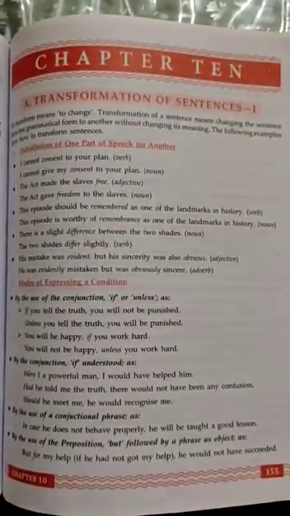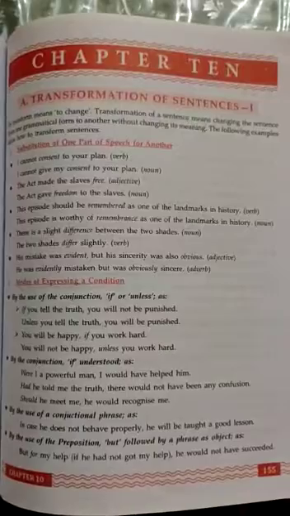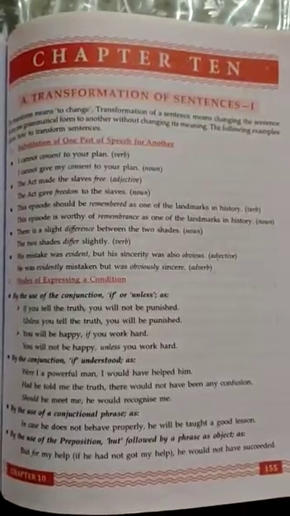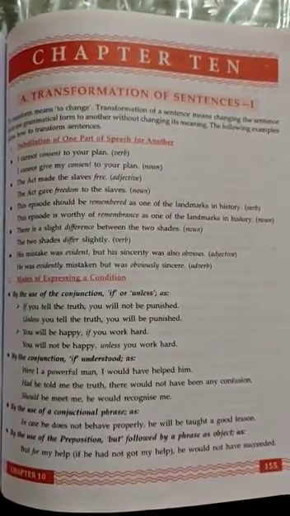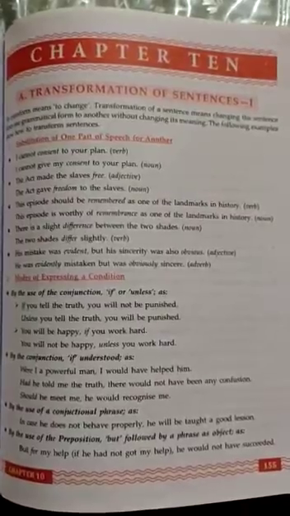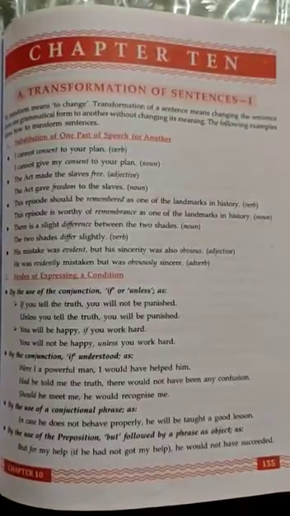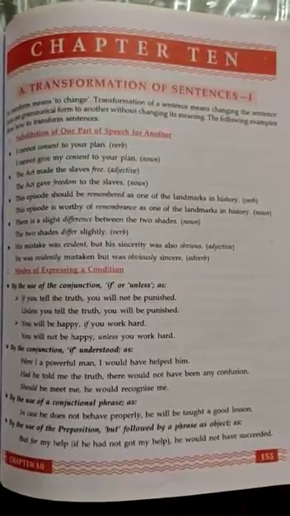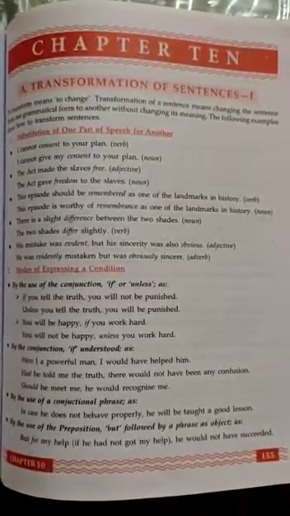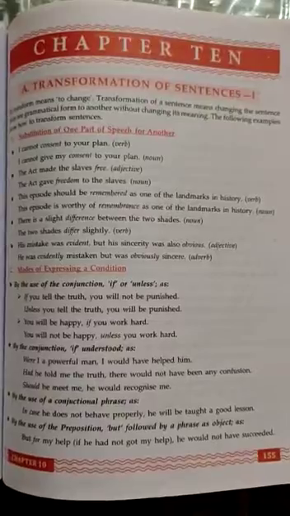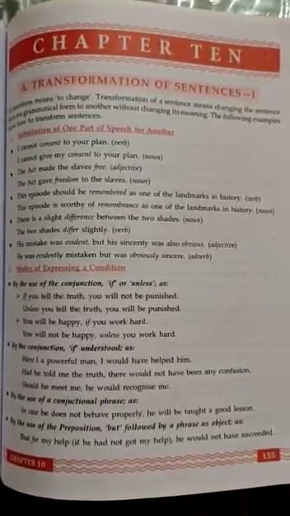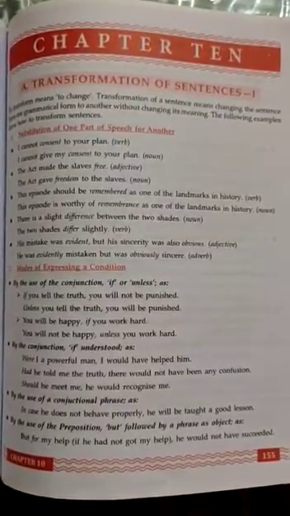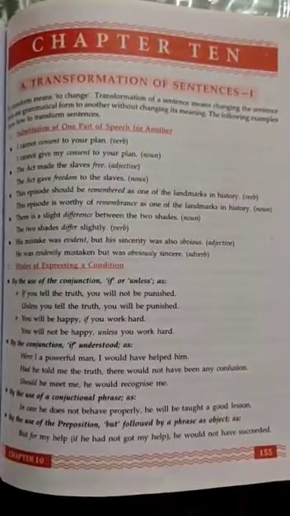The meaning of transformation is to change the form of the sentence rather than changing the meaning. That means we are not going to change the meaning of the sentence, but we are going to change the form of the sentence by adding some words or excluding some words.